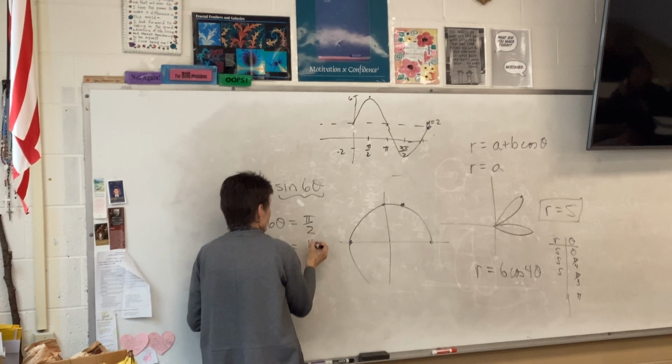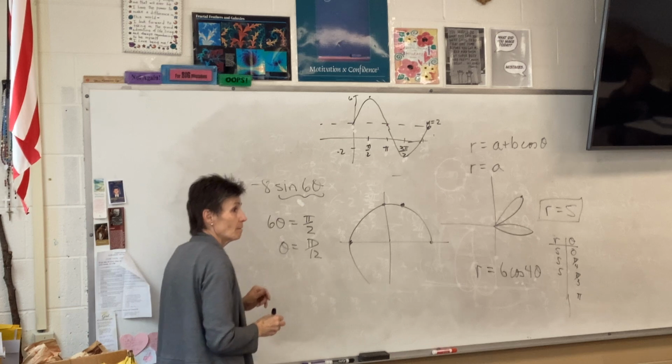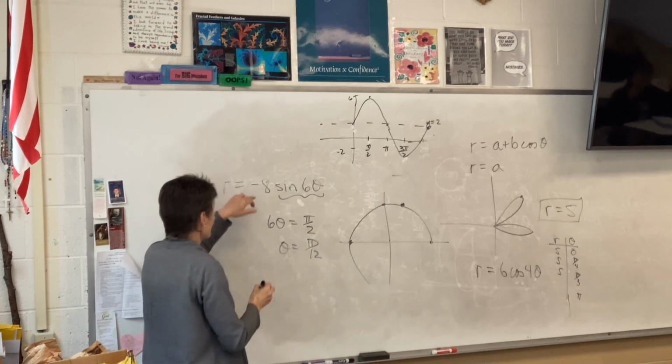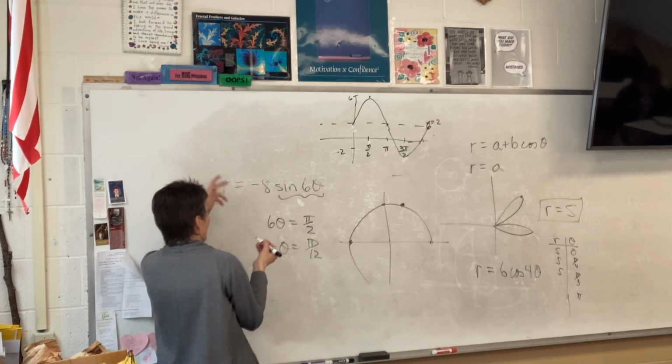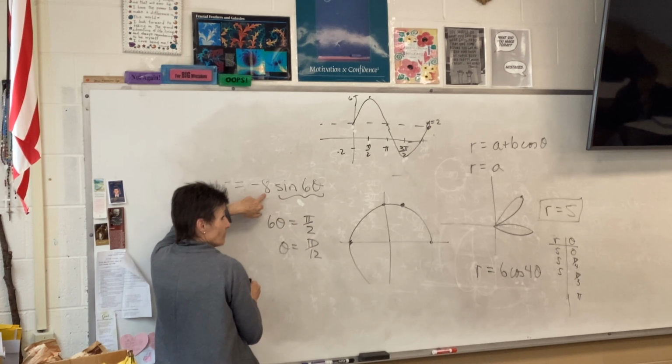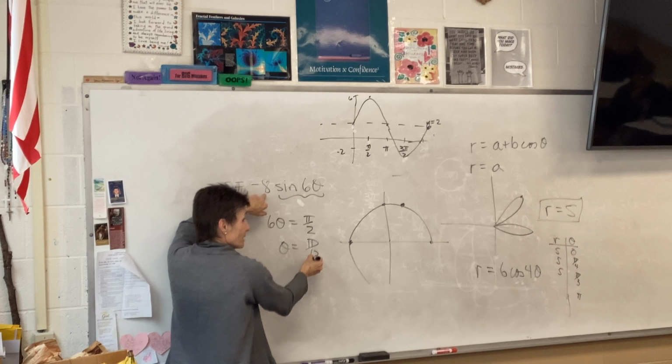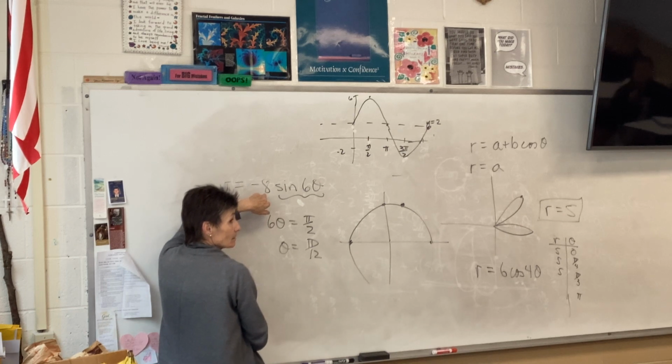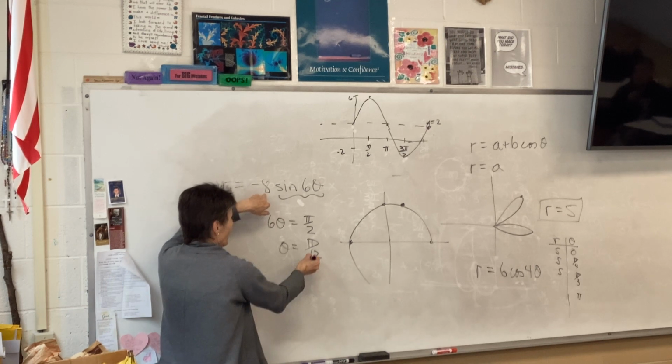So it looks like our first one's going to be at pi over 12. So actually first is kind of odd because this is going to be negative 8 at pi over 12, which means you're not going to plot it at pi over 12.